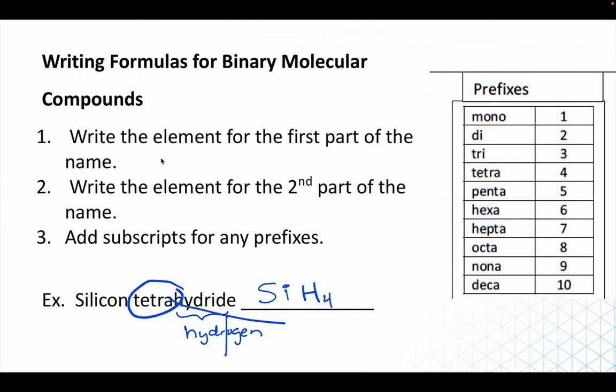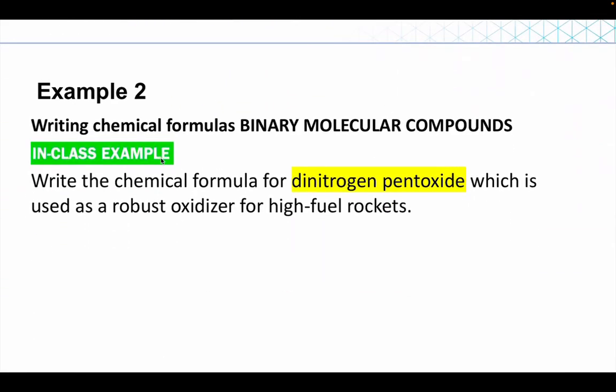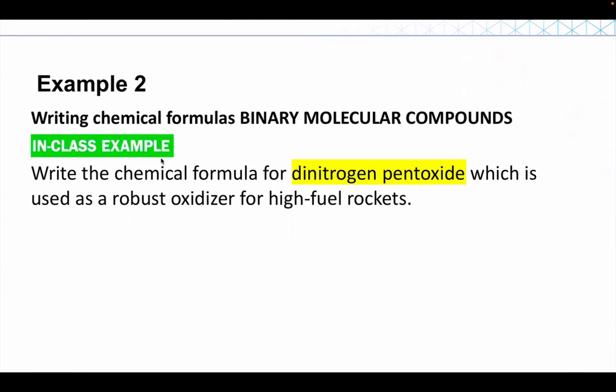Notice there was no mono, but that implies I have one of the silicon. Here's another example. Dinitrogen pentoxide is used as a robust oxidizer for high fuel rockets. So we know that we have two nitrogens, and then we have five oxygens.